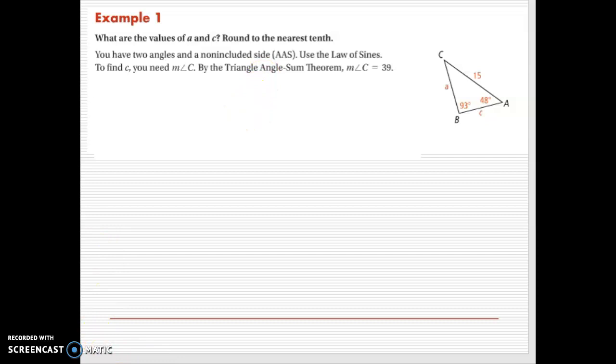This right here is slide 3, even though I added 2 before I did this video. This is an example. The next one is the one that you have on the assignment that you need to turn in. You'll be doing it pretty much just like this. You've got 2 angles. The triangle angle sum theorem is that the angles of a triangle equal 180 degrees.